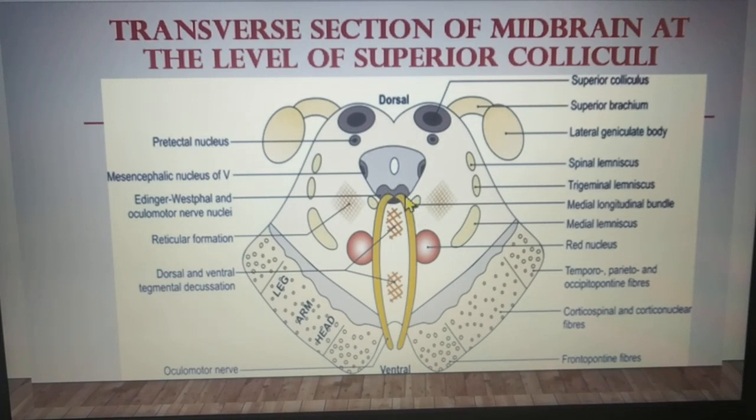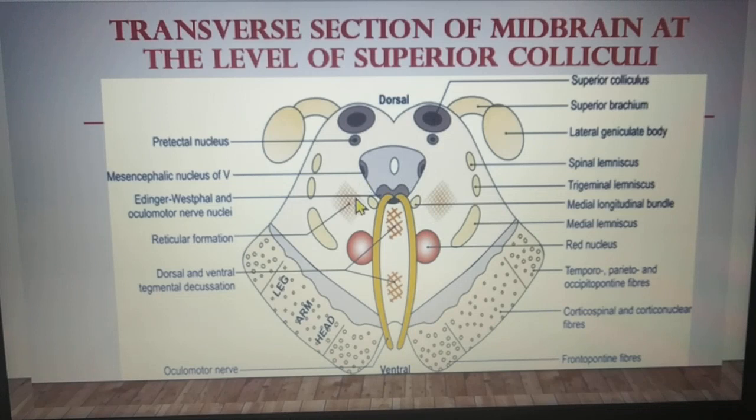The fibers from this nucleus pass on the ventral aspect in such a way that they cross over the red nucleus and the substantia nigra, and then reach the ventral aspect, as all the cranial nerves pass out from the ventral aspect of the brainstem. Similarly, the oculomotor nerve also emerges at the ventral aspect of the midbrain.